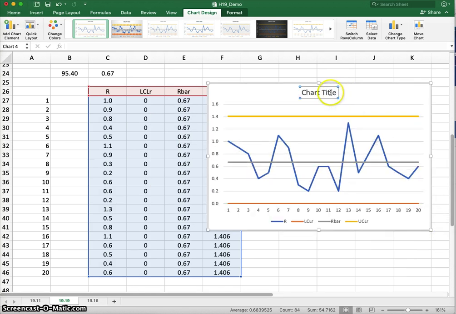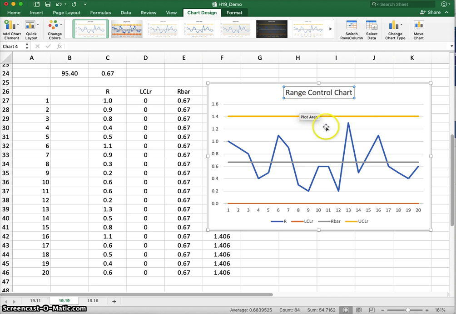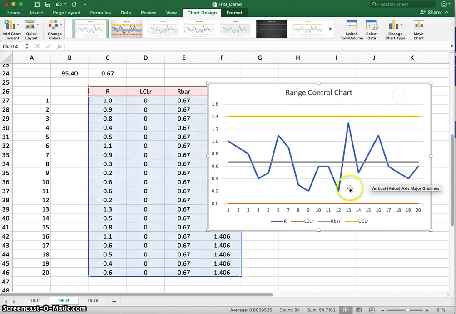And this is my R bar, or I'll just call it range control chart. Okay, so here are my sample ranges. This is my lower control limit at 0.